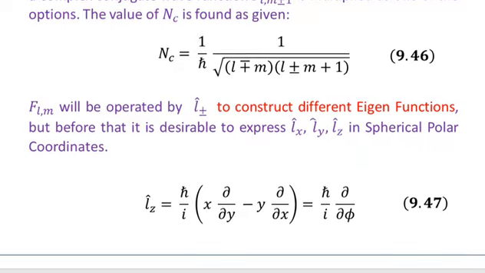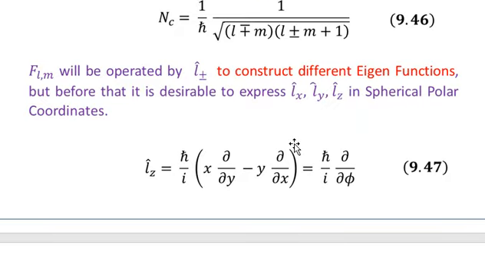So I am writing the Lz operator in spherical polar coordinates as h bar over i times x times the partial derivative with respect to y, minus y times the partial derivative with respect to x. And of course, in terms of the derivative, we have h bar divided by i times partial derivative with respect to phi, as shown in equation number 47.